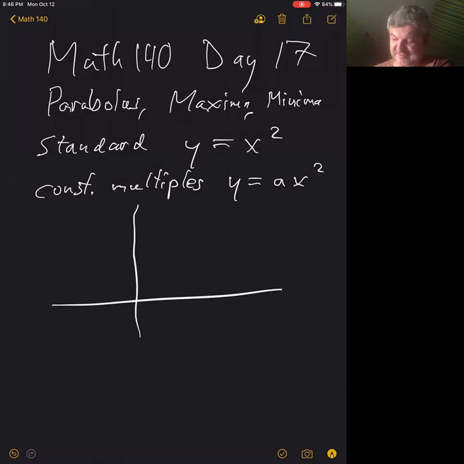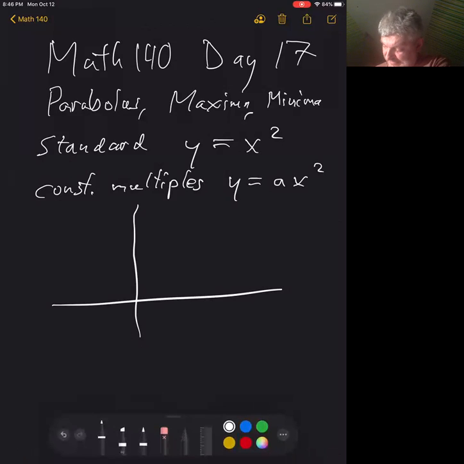Just rough sketches. We start with the standard parabola, which I want to put in blue. So that's what we get when you have a equal to 1. And then when we make this number a bigger than 1, that means it's steeper. It goes up faster.